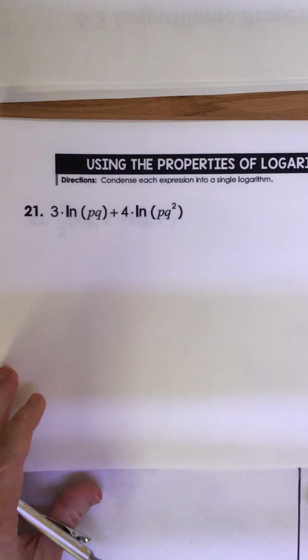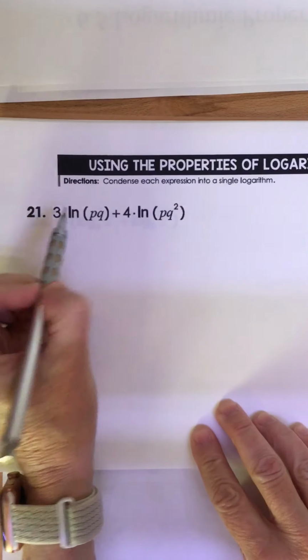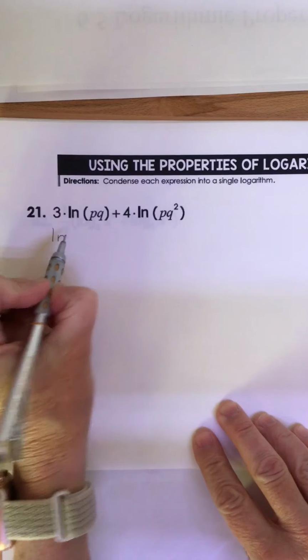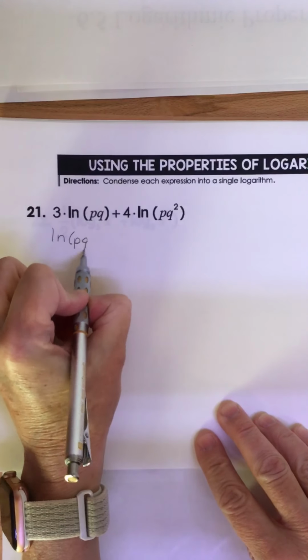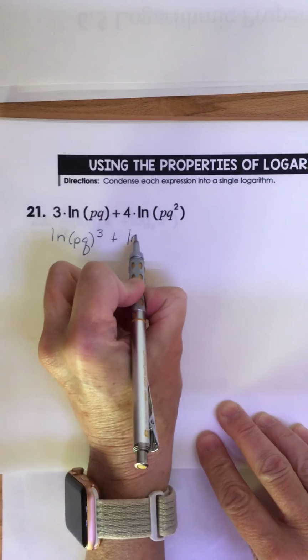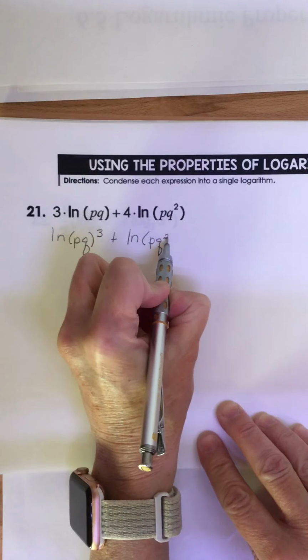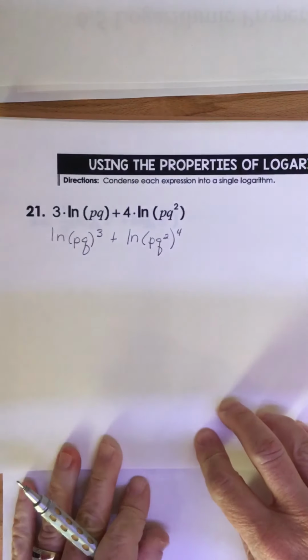All right, again, power property first. So we have natural log of PQ to the 3rd power plus natural log of PQ squared all to the 4th power.